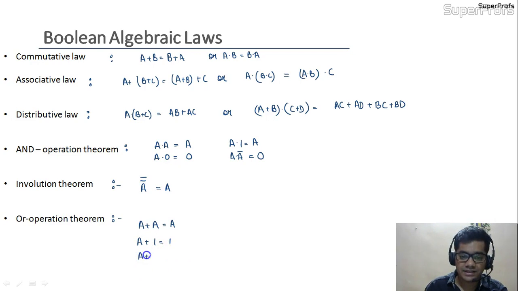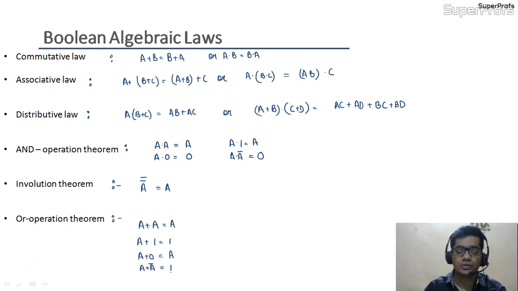And A plus 0 would be equal to A, and A plus A bar would be equal to 1. So this covers commutative law, associative law, distributive law, AND operation law, involution theorem, as well as the OR operation theorem. So you can write these points, then we are moving towards the rest of the algebraic laws.